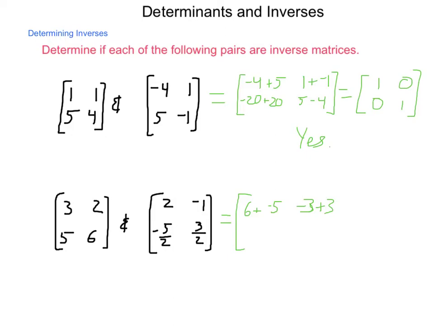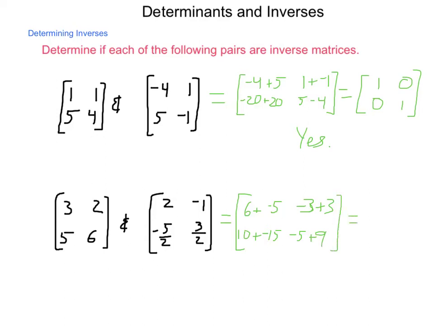Row 2, column 1, 5 times 2 is 10, 6 times the negative 5 halves is a negative 15. Then row 2, column 2, we get negative 5, and then 6 times 3 halves is 18 halves, or 9.